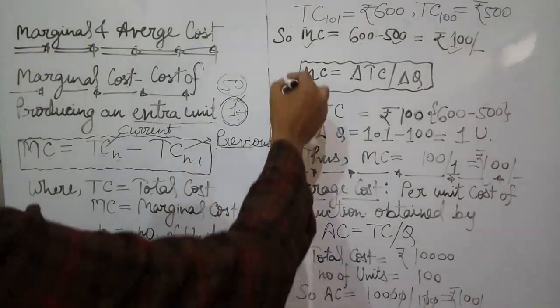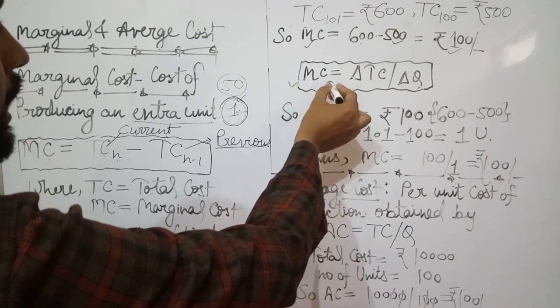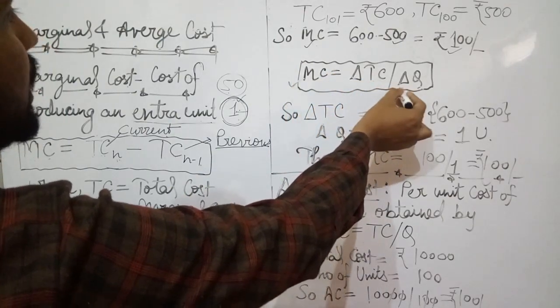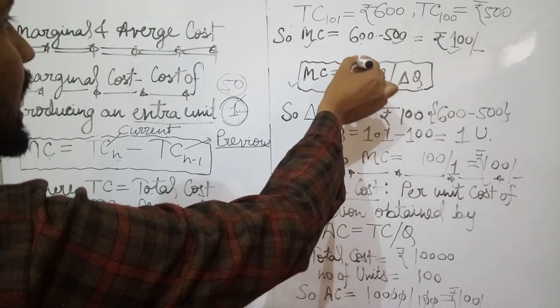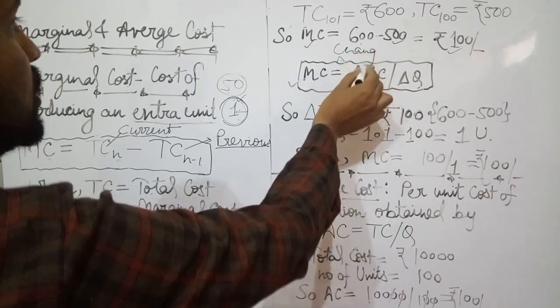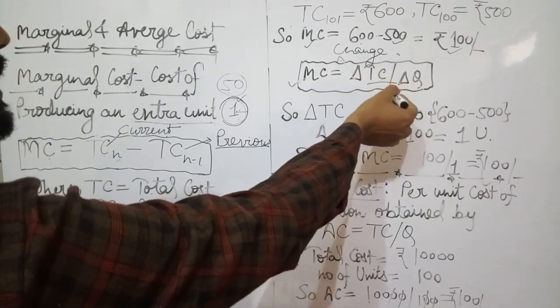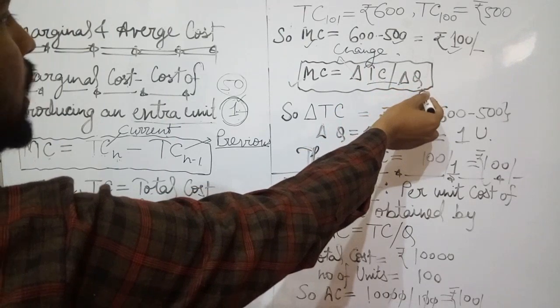In the same way, there is another formula for calculating MC, that is delta TC upon delta Q. I have already told you that delta means the overall change in total cost, that is TC, and in the same way, change in quantity.